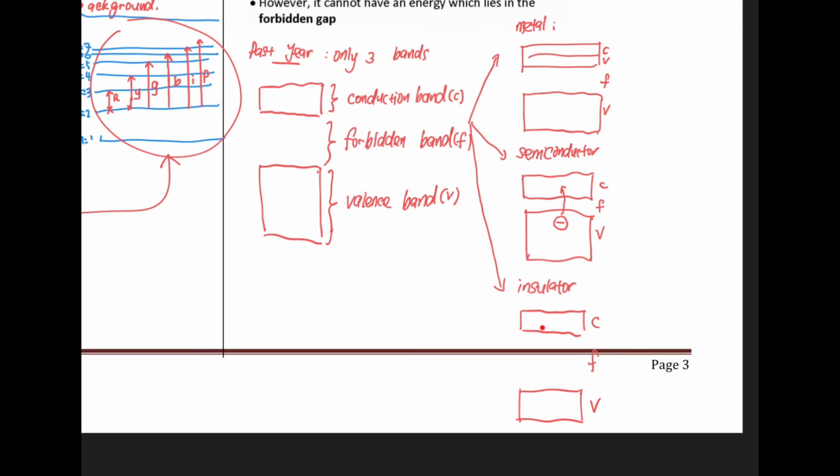So the forbidden band is very large, and then the valence band has electrons, but the electrons could hardly reach here. Not enough energy to jump across to this level. Not enough energy. Okay, so because of that, insulator cannot conduct electricity because no electron can reach here and move around freely. So that is the characteristics.